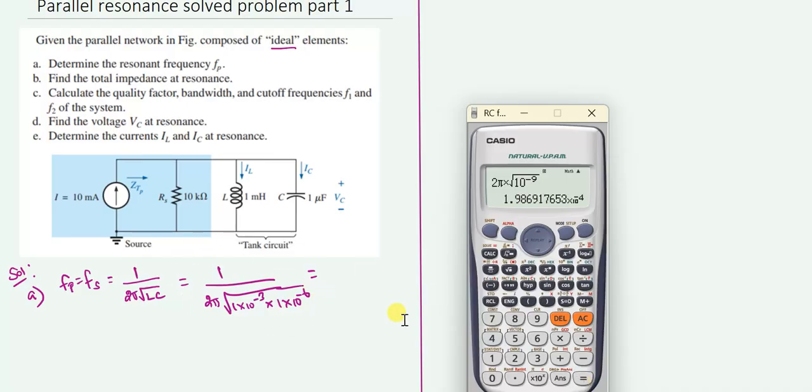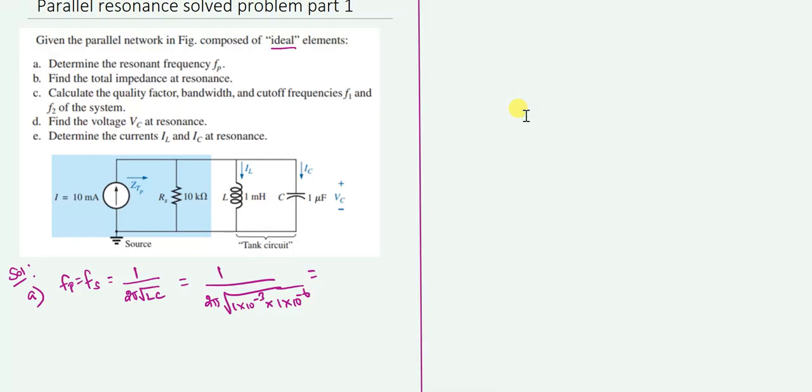So this is the denominator value. If I take inverse, so this is the corresponding frequency, 5032.92 hertz. So this is my resonance frequency.